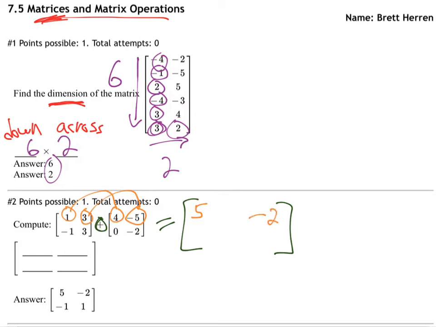Now let's shift, lower left, -1 plus 0 is -1, and lower right, 3 minus 2 is +1. There we go. That's how we add matrices. Just add them entry by entry. I think that's exactly what any of us would have come up with.